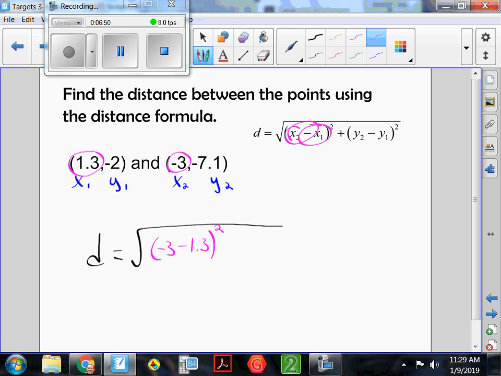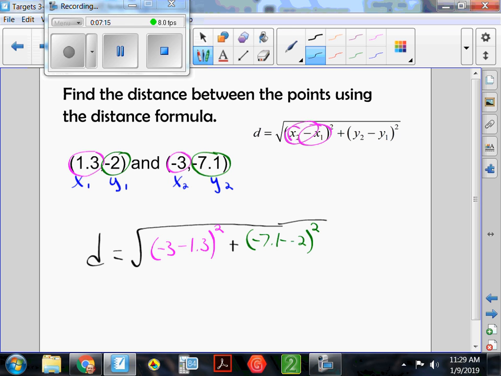We're squaring it because it's a squared for the Pythagorean theorem. For the y values, negative 7.1 minus negative 2 squared. A squared plus b squared equals c squared. So our x's squared and the difference in the y's squared, added together, will give us our distance squared.